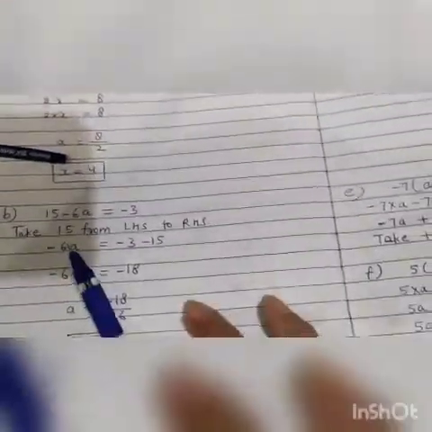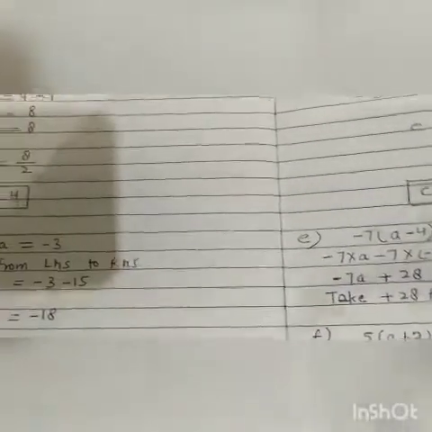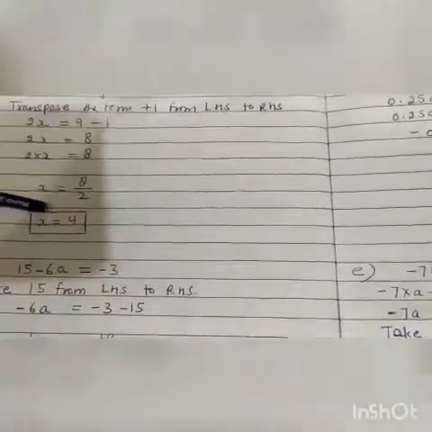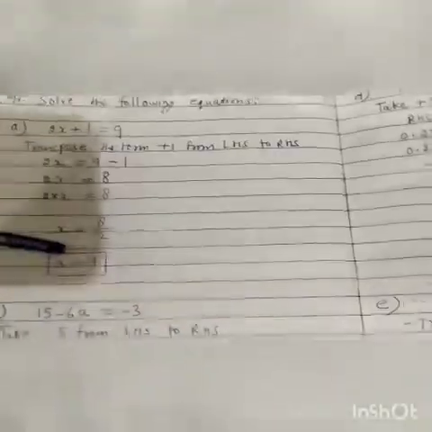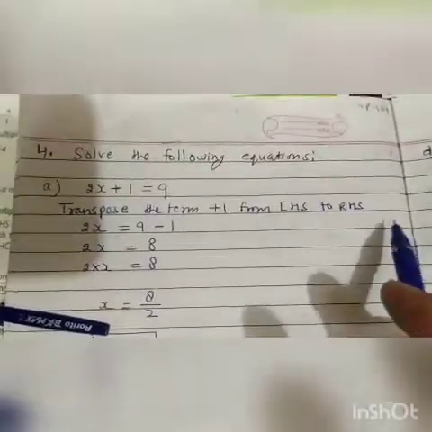Next point, an equation remains the same even when the expressions on the left hand side and right hand side are interchanged. Means if we write all the expressions of right hand side on left hand side or left hand side on right hand side, they remain unchanged.